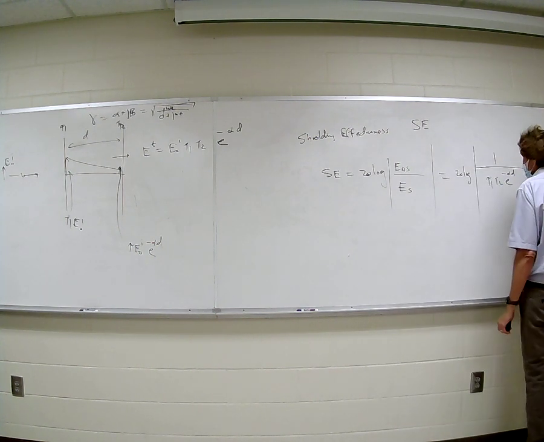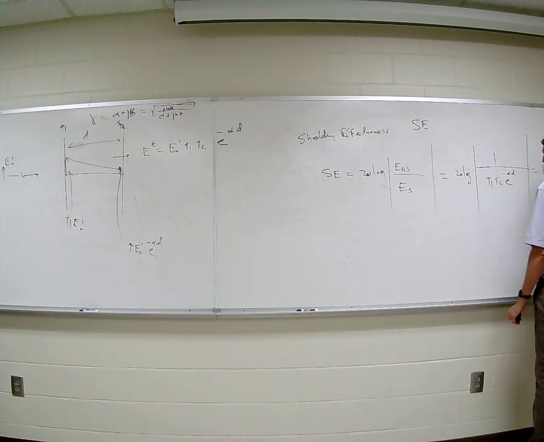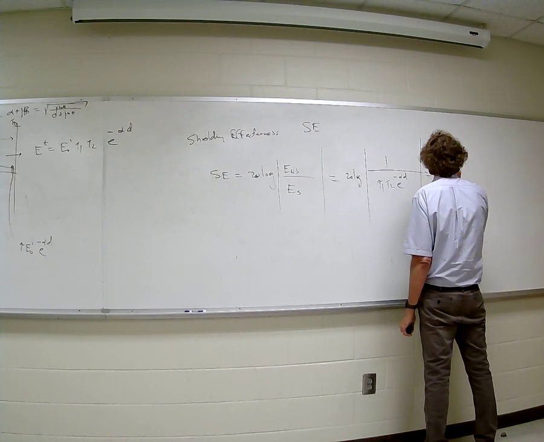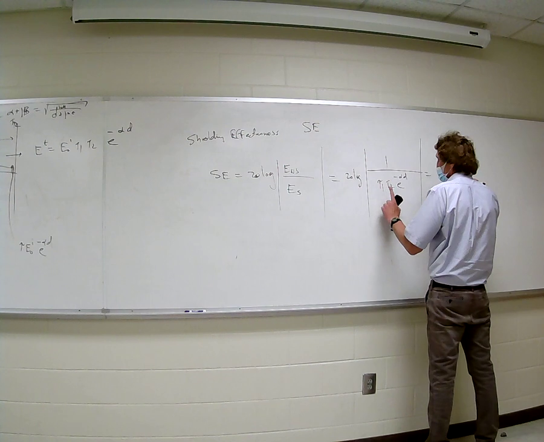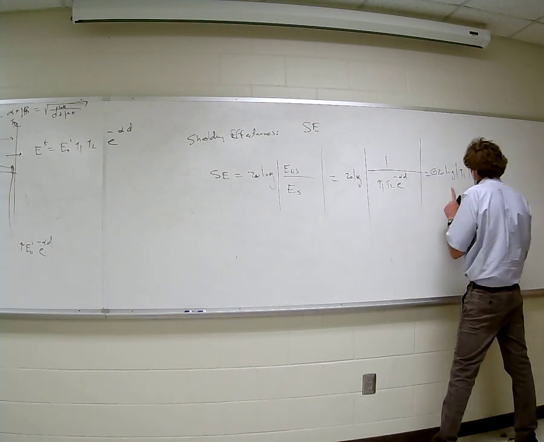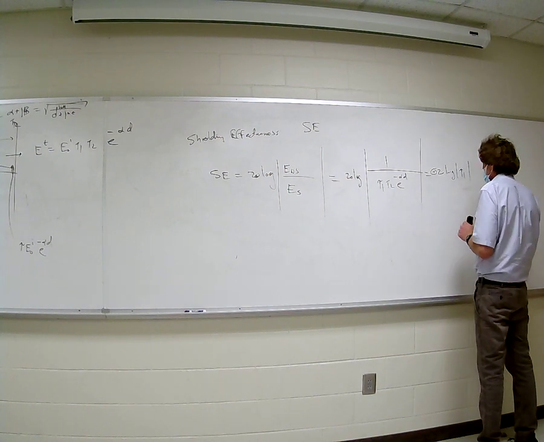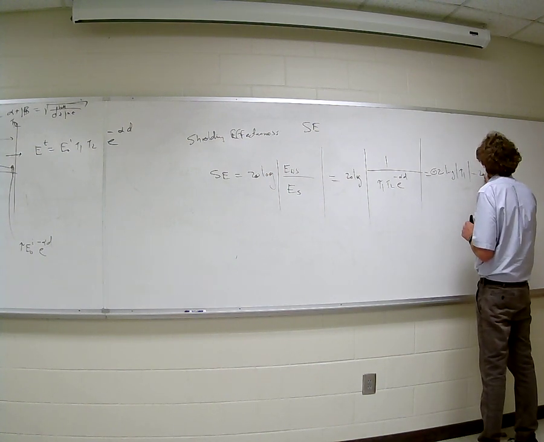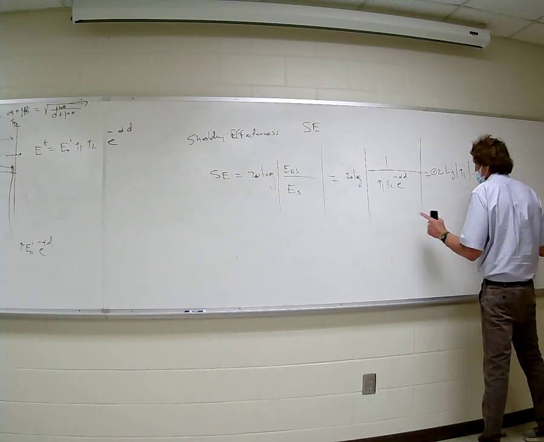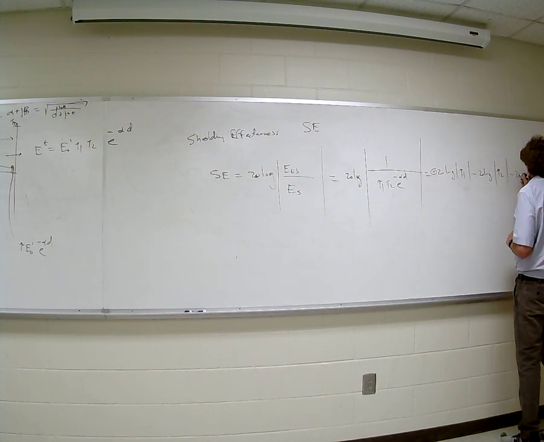And I'm going to expand this just to make a point. This is going to be 20 times the log of the magnitude of tau 1. I don't have a minus sign in there because tau 1 is going to be much less than 1. Then it's minus 20 times the log of tau 2, and then minus 20 times the log of e to the minus alpha d.